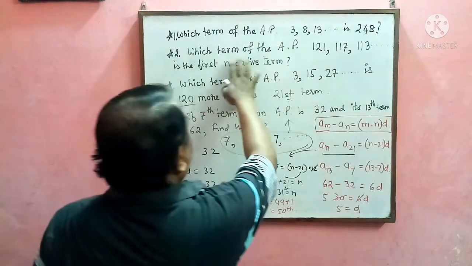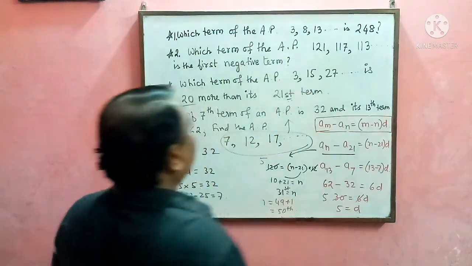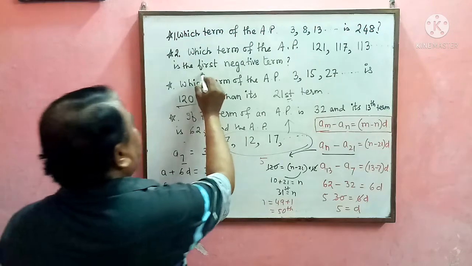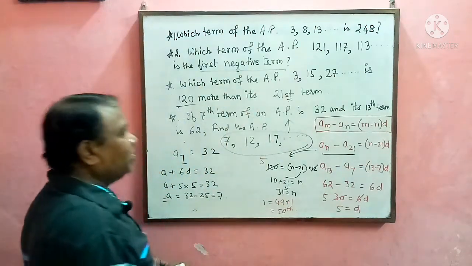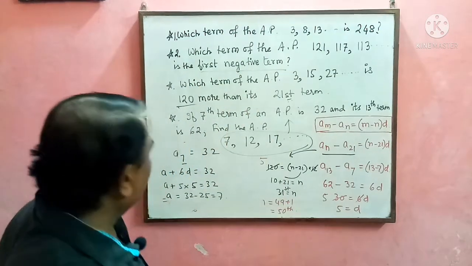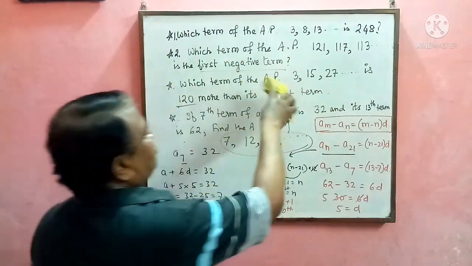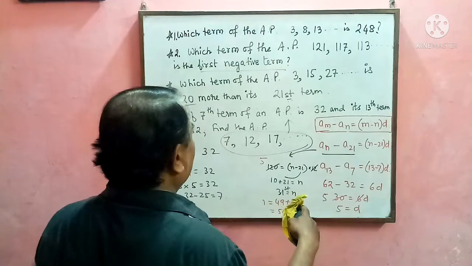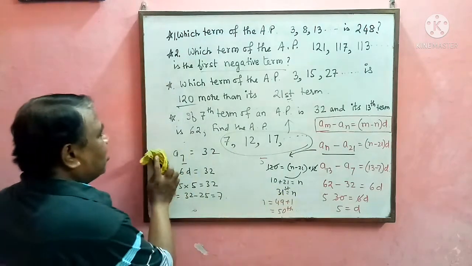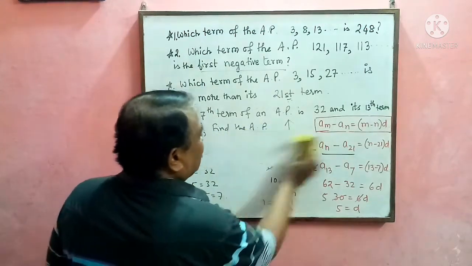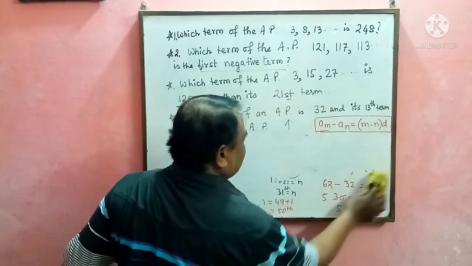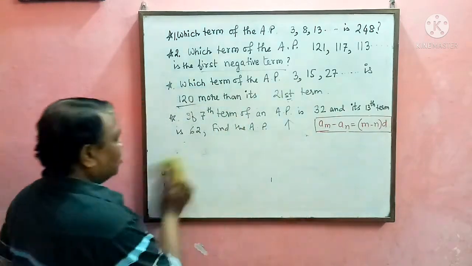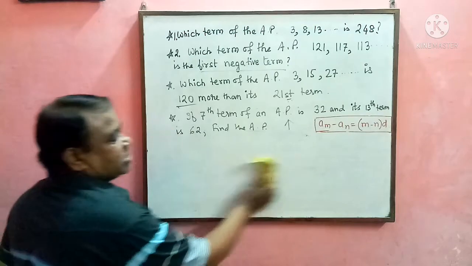Now we have left this: which term of this AP is the first negative term? You may be asked this type of problem, whether it is the first negative term or the first positive term. Whatever you do, you have to just consider whenever we need positive or negative terms, we need to cross 0.